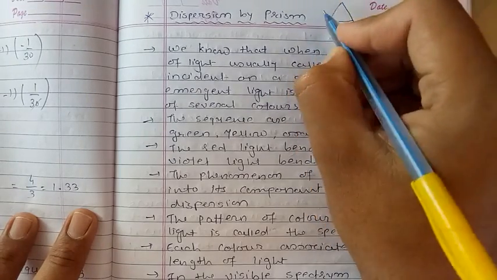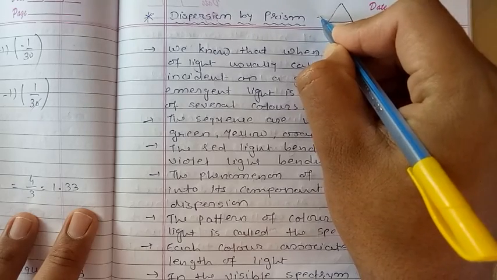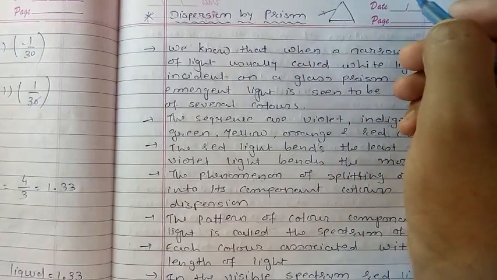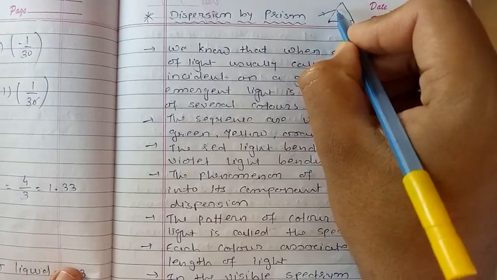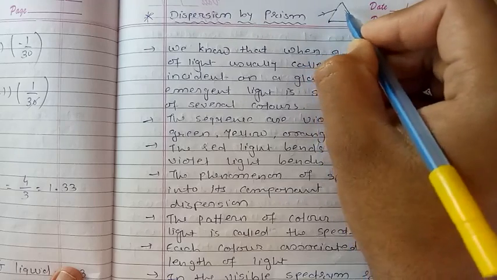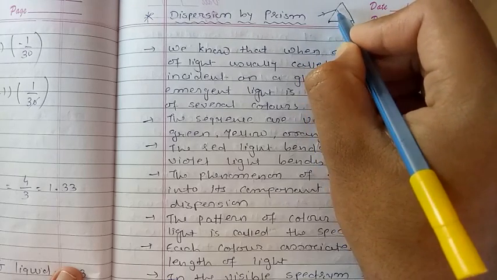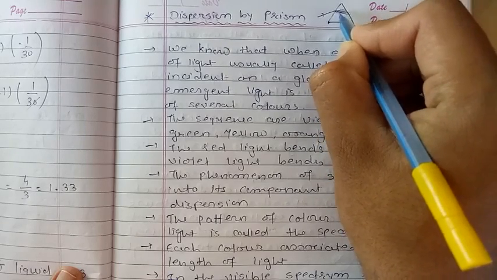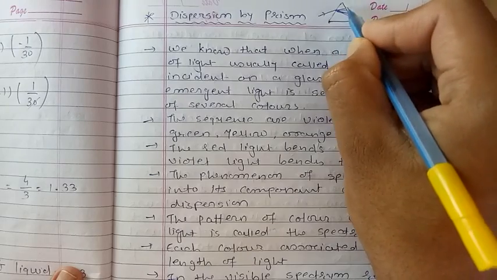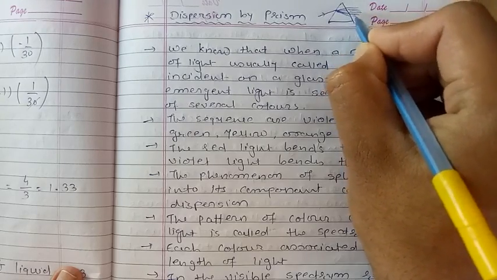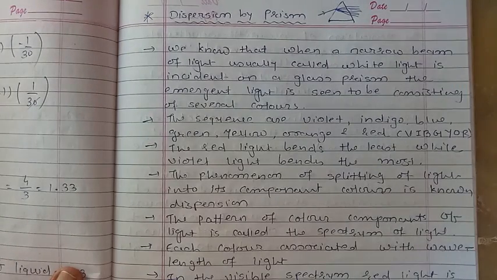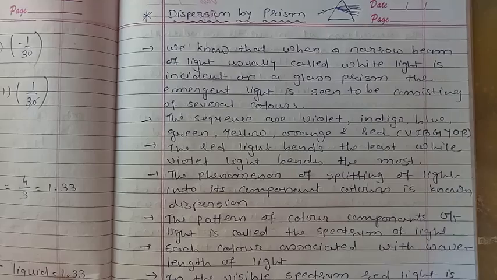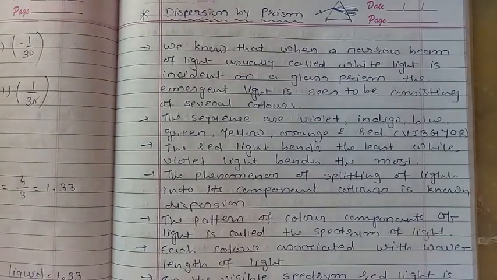When we incident light from the sun, or a white light, on a prism, this light is split into several colors like this. The seven colors are VIBGYOR. We know the sequence: violet, indigo, blue, green, yellow, orange and red.